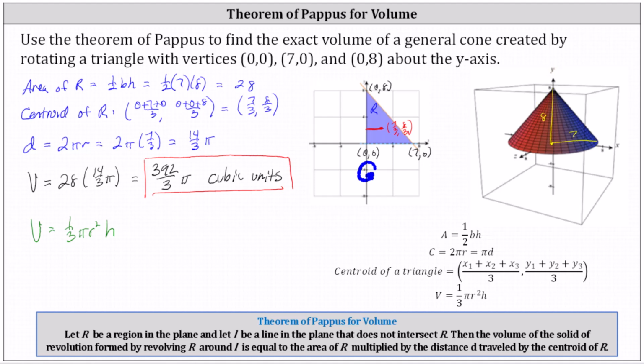Which means the volume, using the volume formula, is 1/3 times pi times the square of 7 times the height of 8, which does give the exact same result of 392/3 pi cubic units.